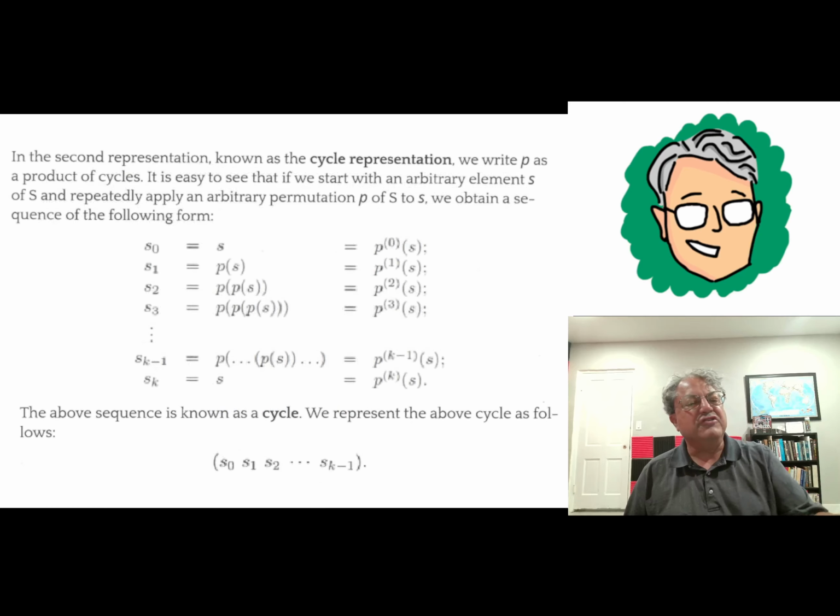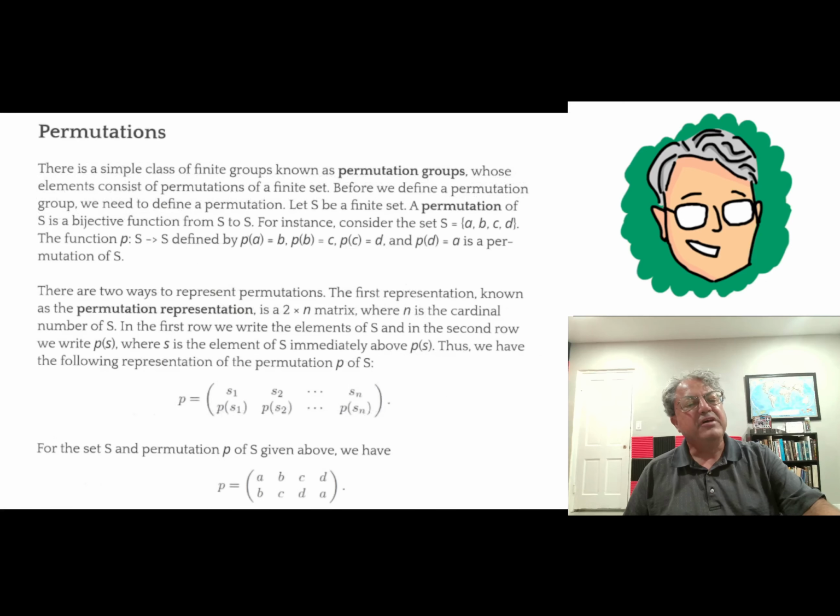But there's another very useful way of representing permutations, and this is known as the cyclic representation. So it turns out, I haven't talked about cycles yet, but I think in the last example we had a single cycle. I mean, you see A goes to B, goes to C, goes to D. We would write that cycle as, if you like, a vector.